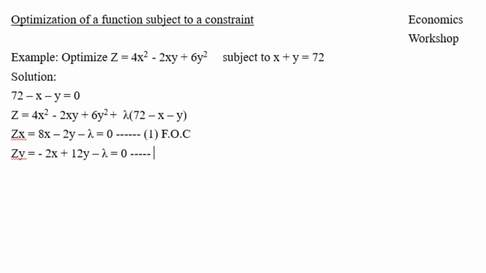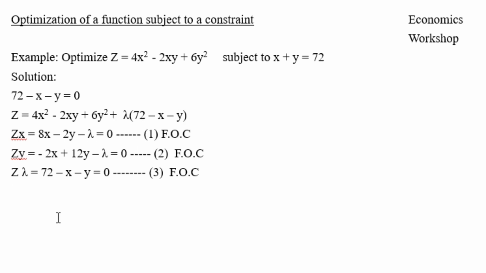This is our equation 2, FOC. And when we differentiate z with respect to lambda, that will give us 72 minus x minus y equals 0. This is equation 3, which is also FOC. So that's our first order condition.